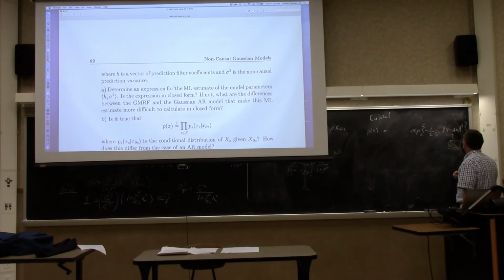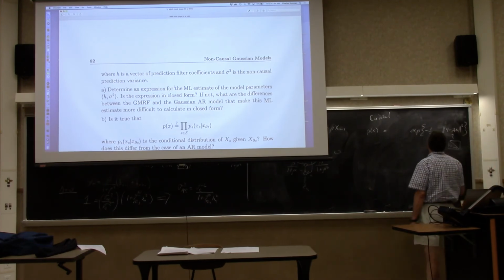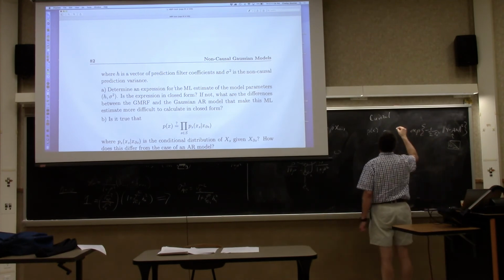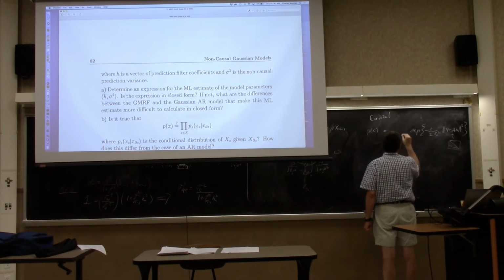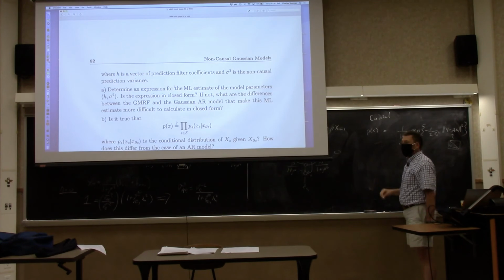And then this thing had some variance junk in it, but the most important thing was that it involved the determinant of A. But this is equal to 1, so it's constant, okay?